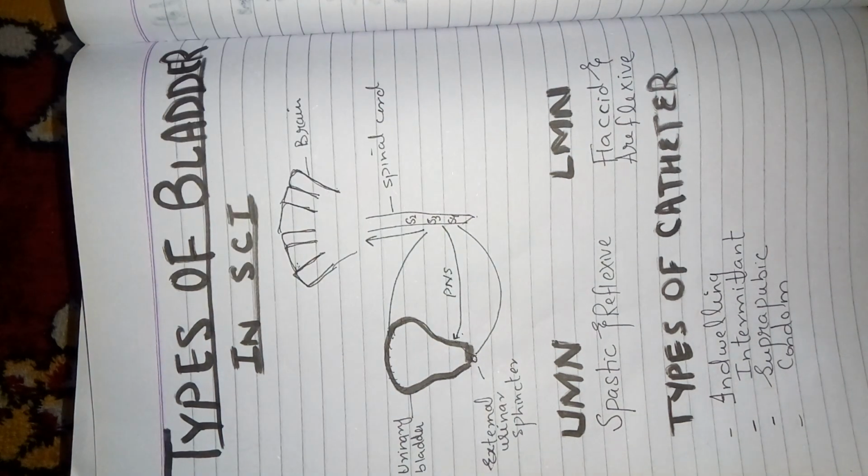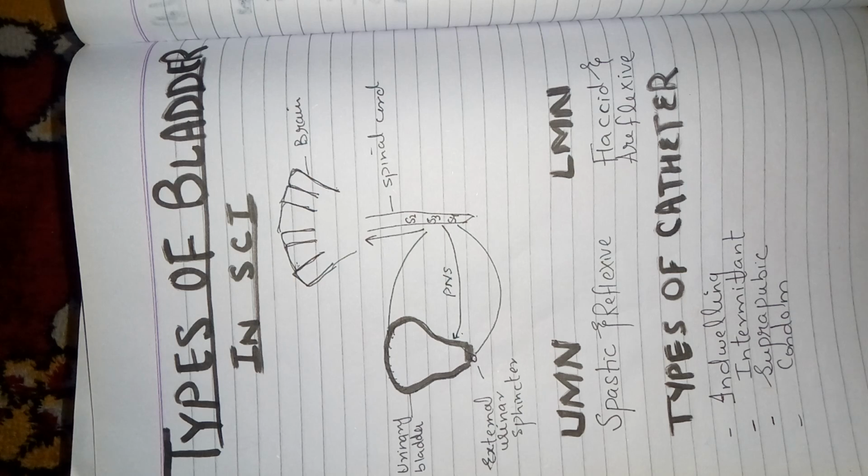Now what is meant by spastic and reflexive? That means the detrusor muscle will be spastic as fluid is filled in it. It will not stretch to accommodate the increasing fluid. So it will not accommodate extra urine coming from the kidney, and it will release the urine as soon as even a small amount of urine has collected.